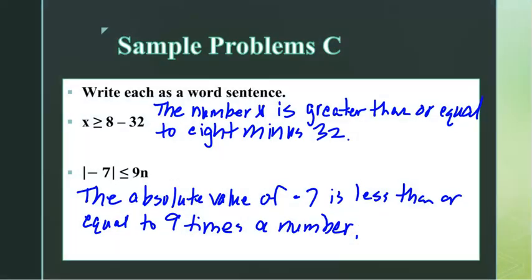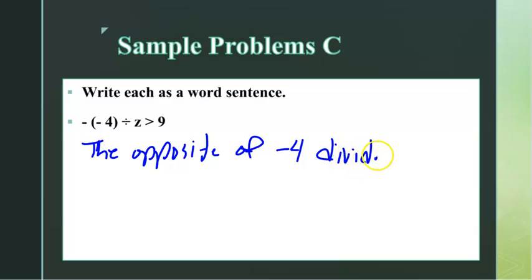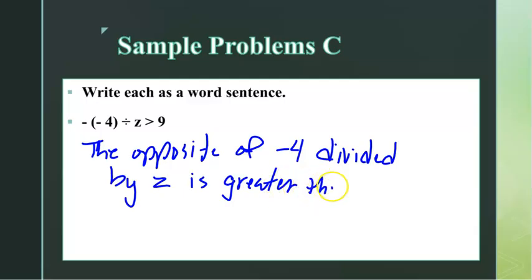So just put n down here. And then our last one, write each as a word sentence. Let's do this one. The opposite of negative 4 divided by z is greater than 9. And that is our lesson on inequalities.